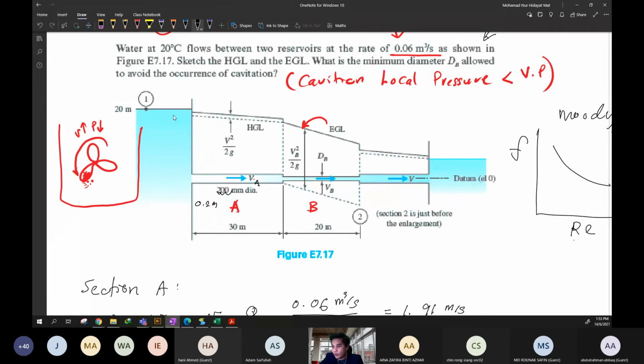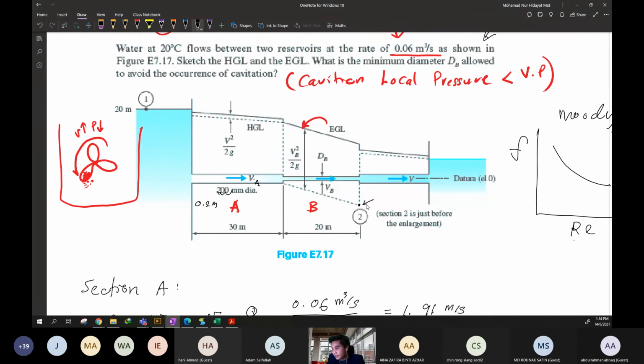At which point is the pressure very minimum? Anyone? Aina, which one do you think is minimum? I guess number 2. Yes, number 2, because you can see this line is a line of pressure. There is no more line below this point. That is why point number 2 is the minimum pressure.